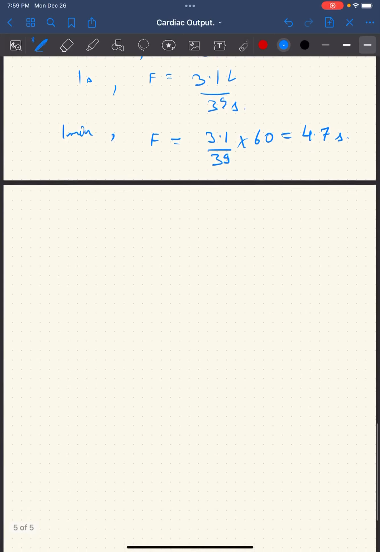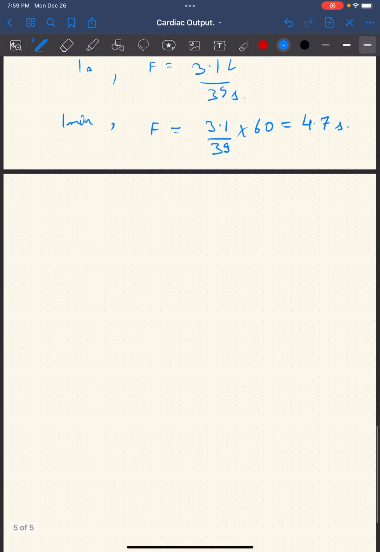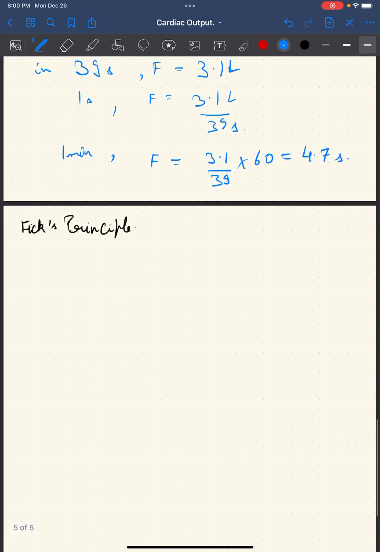Next, what we are going to study is Fick's principle. In Fick's principle, suppose this is my hand.